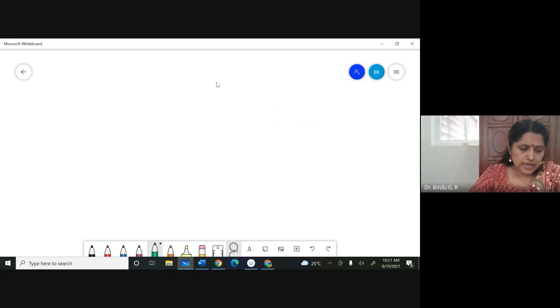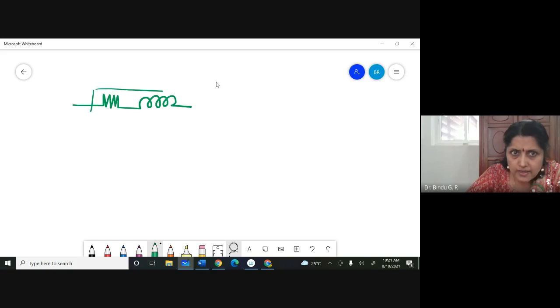So suppose I have a coil and I'm passing varying current through it, so that varying magnetic flux is produced. Usually you put a resistance and a coil like this. This together is a coil.